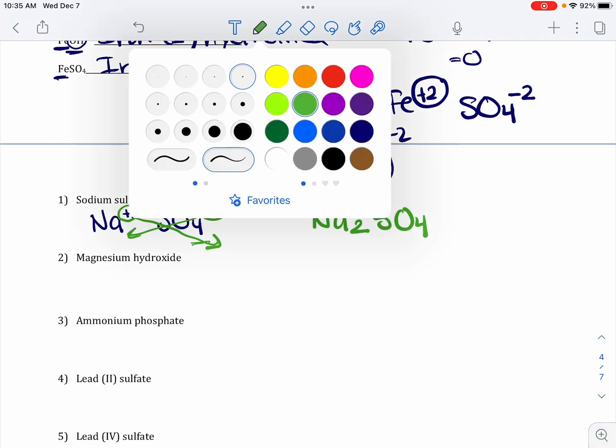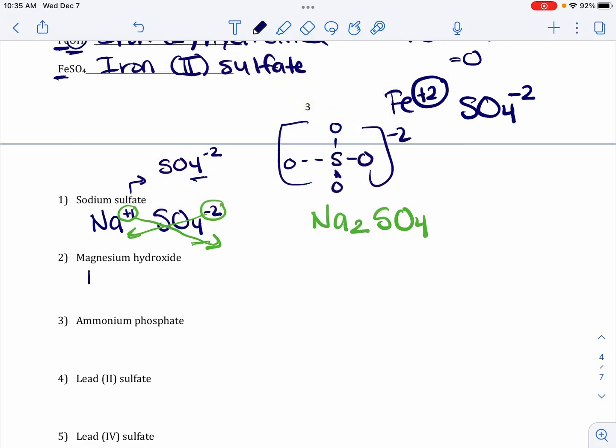So the next one we're going to do is magnesium. Magnesium is Mg+2. Hydroxide. You'll notice this one ends in IDE. That's our clue that we're talking about a polyatomic. Hydroxide ends in IDE like our other elements, but this one's actually a polyatomic.